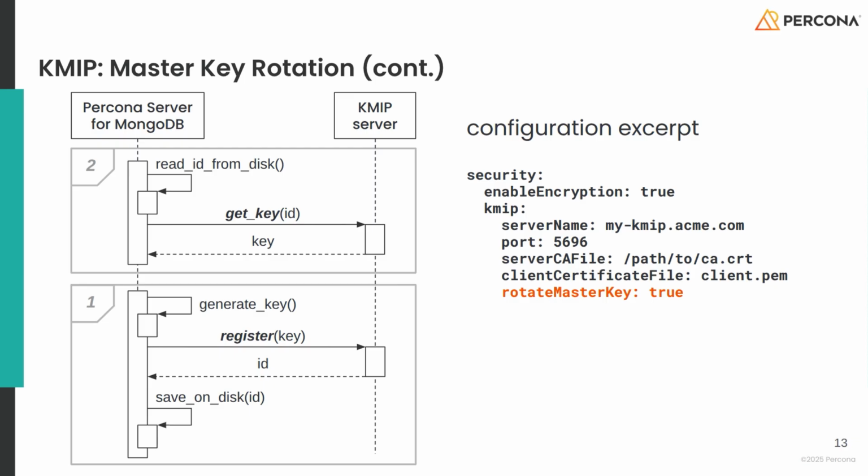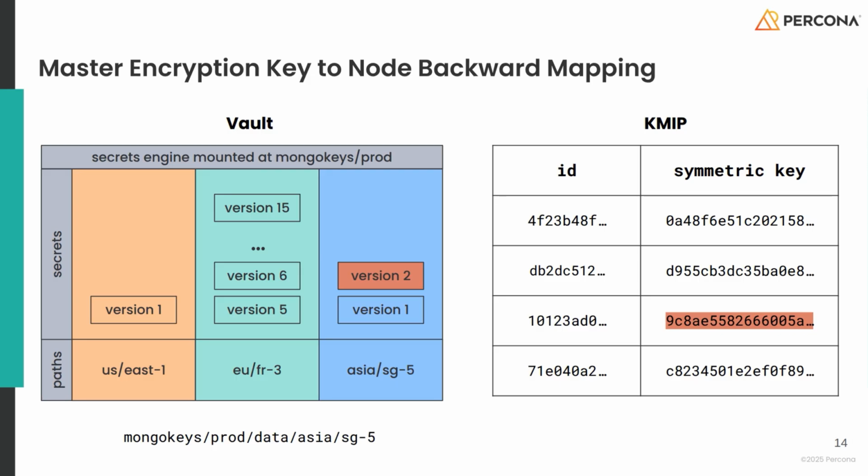That master key rotation is a planned replacement of encryption key for data at rest encryption. But sometimes we need to do unplanned replacement because, for instance, we learned that the key was compromised. And to do so, we must identify which node uses our compromised key.